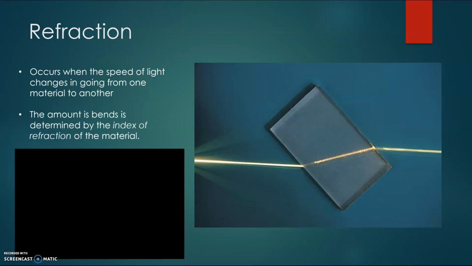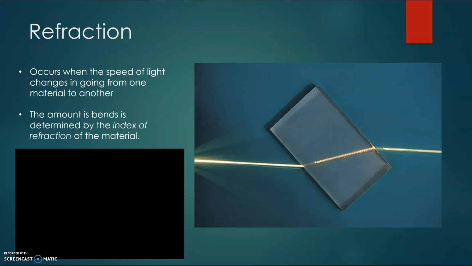So what happens in refraction is we'll have light traveling through a material, and very often the material is going to be air. So we have light traveling through the air, and then it hits something. It could hit a piece of glass, it could hit a piece of plastic, it could hit water. Okay, and when it does that, it's going to go from one material like air that it has one speed in and enter another material that has a different speed.